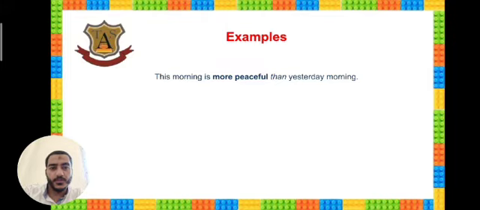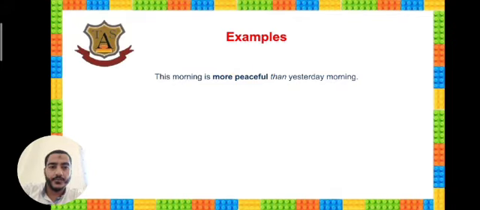Peaceful has two syllables, so more than one syllable, so as you see here, we add more before the adjective, then the adjective, then the word than.